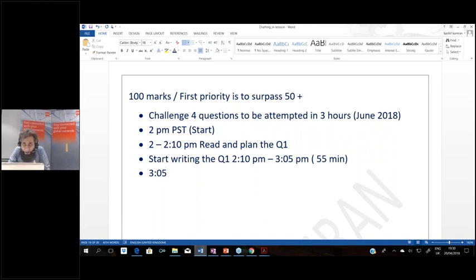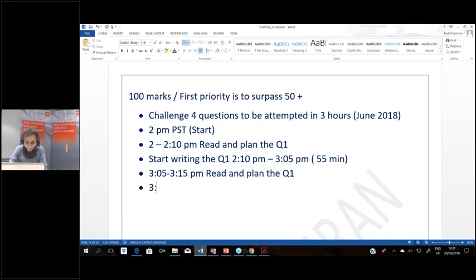Don't rush after completing one question. So wherever you are at 3:05, put a full stop and exit. From 3:05 to 3:15, another 10 minutes, you will read and plan question 2.